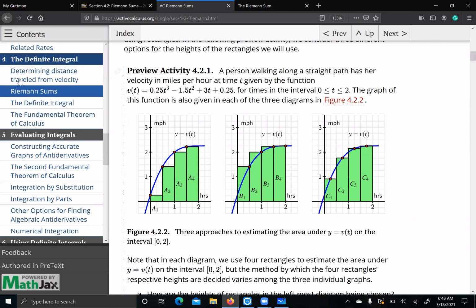So we have the function for velocity, which has this formula, for times in the interval 0 to 2, which means 0 to 2 hours. And here is the graph.